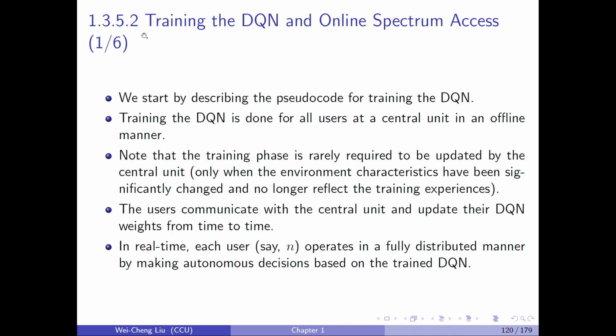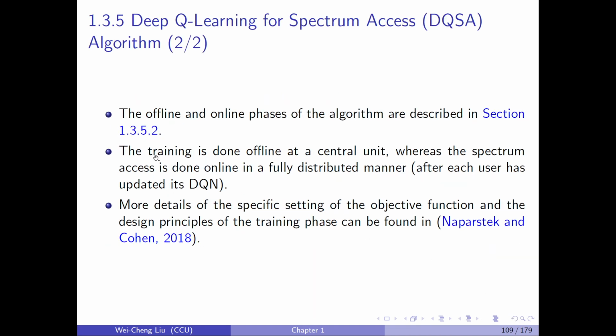Okay, this section. Okay, the training is done offline at a central unit, whereas the spectrum access is done online in a fully distributed manner after each user has updated its DQN.